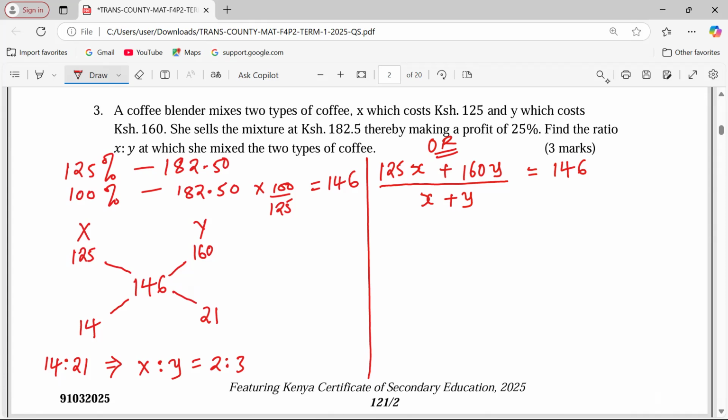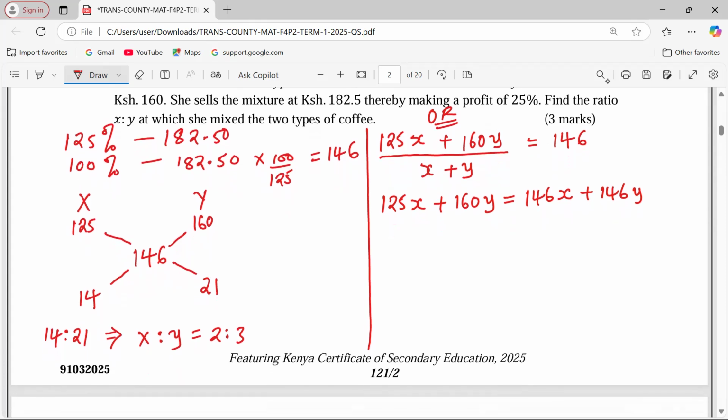That means we now have 125X plus 160Y equals 146X plus 146Y. Then we can group terms, whereby I can even begin with X together. 146 minus 125 will give us 21X. Then when I take 160 and subtract 146, I'm supposed to get 14Y.